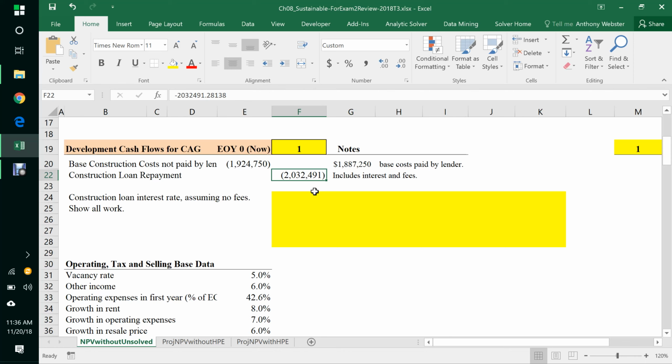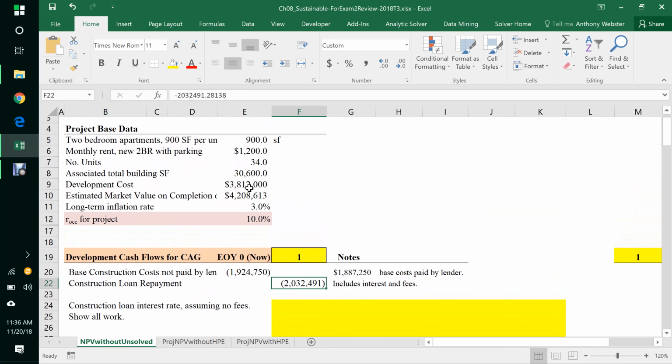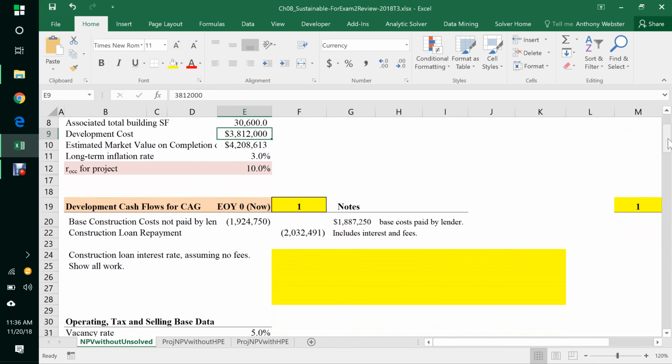But what if, a good thing that inspired me to think, what if I gave you these two numbers and I also gave you up here the total development cost? I think we'd have enough so that you could compute the interest on the construction loan, right? The interest rate on the construction loan. So that's exactly my question here.